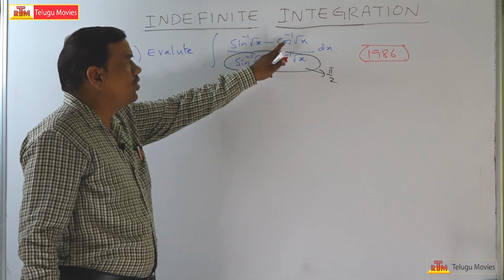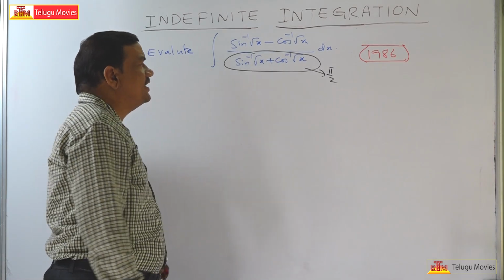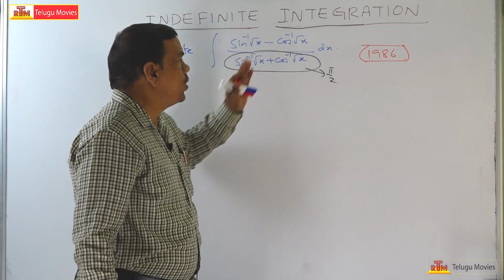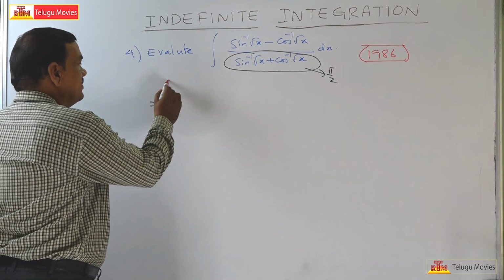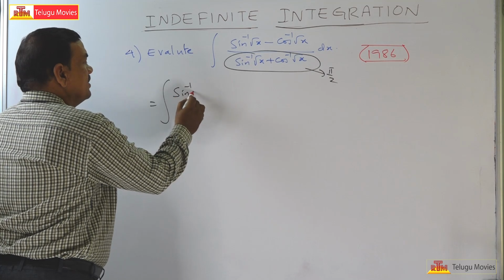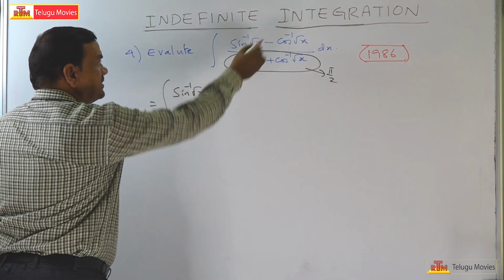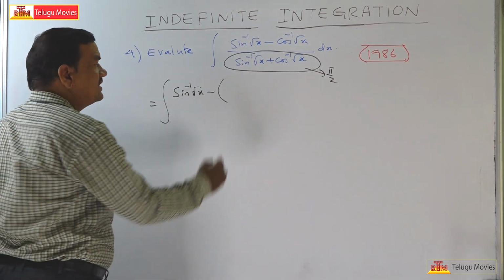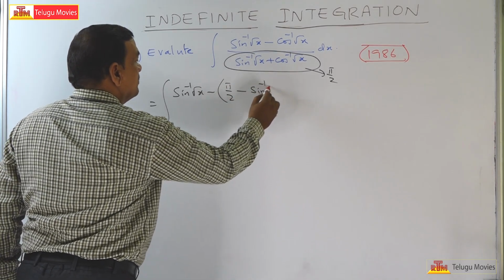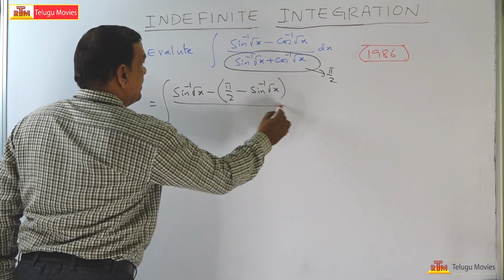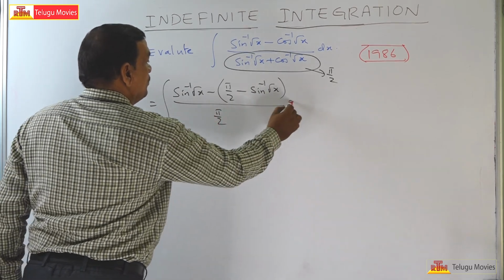So here also cos inverse of x, I can write as pi by 2 minus sin inverse of x. So your problem will become integral of sin inverse of root x minus cos inverse of root x, which is nothing but pi by 2 minus sin inverse of root x, the whole divided by pi by 2, dx.